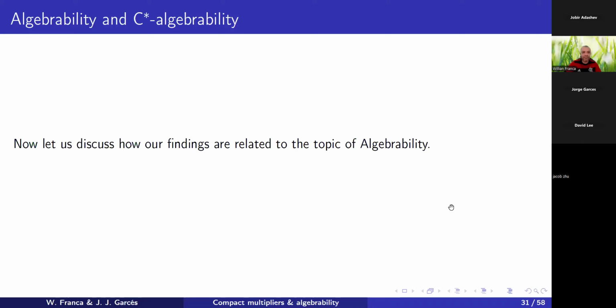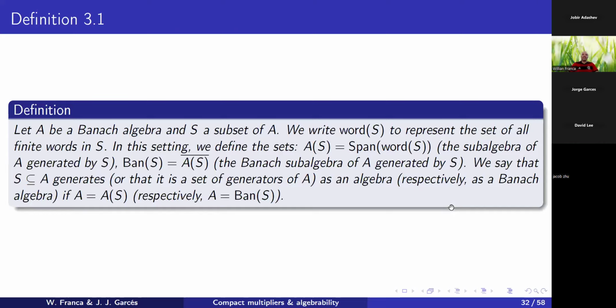Okay, so in order to do this, let us recall a couple of other definitions. If we have a Banach algebra A and S a subset of A, we consider the set of words of S. As in the usual way, you choose elements of S and consider the words, that is, you use juxtaposition, you put one element beside the other, and you have no limit on how many times you want to use the same element.